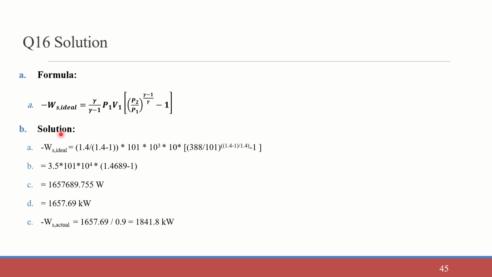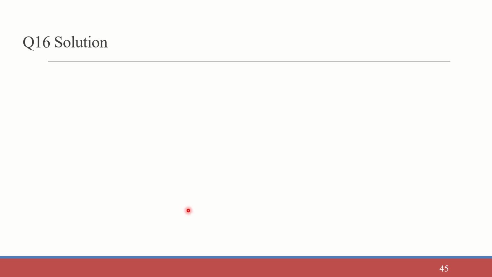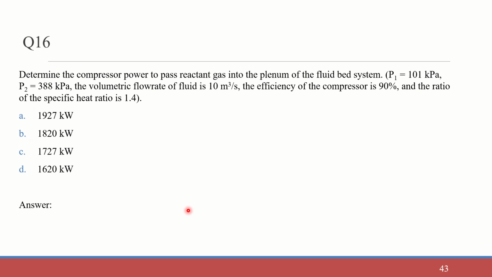And this is ideal, but we need to know the exact one, so we are dividing it by the efficiency of the compressor. So 1657.69 divided by 90% efficiency, that is 0.9, and we are getting the value as 1841, which is closer to 1820 of all the values, but some numerical issues will be there.